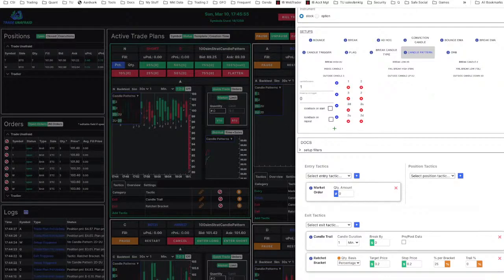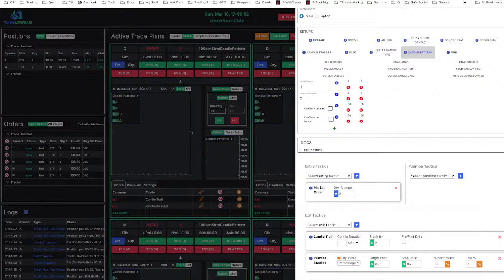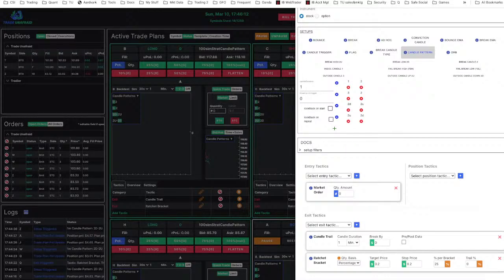So in this case, we're looking for a gain of 20 cents. We have a stop of 20 cents, and we're bracketing 25% of your position. So if you enter 10, then obviously 25% is 2.5, so it gets rounded.